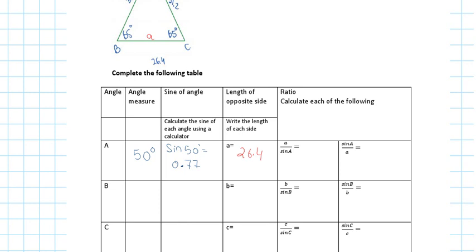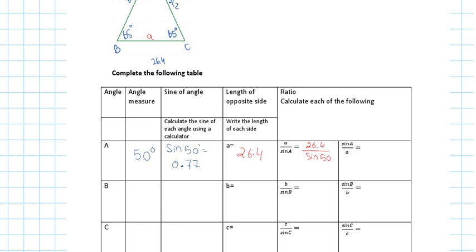Now, this is asking you to find the ratio A over sine A. So what's side A? 26.4 over sine 50.